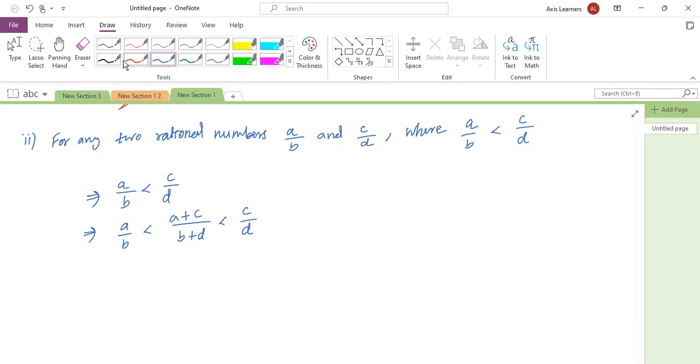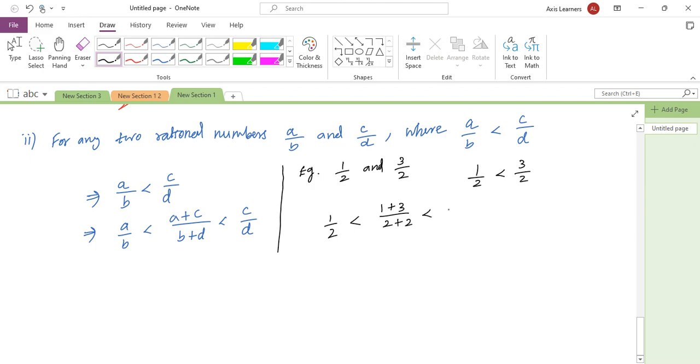We will take the same example which we took in the previous one. Example 1 by 2 and 3 by 2. We know 1 by 2 is smaller, 3 by 2 is greater. So in between, I am going to take one number, 1 plus 3 divided by 2 plus 2.